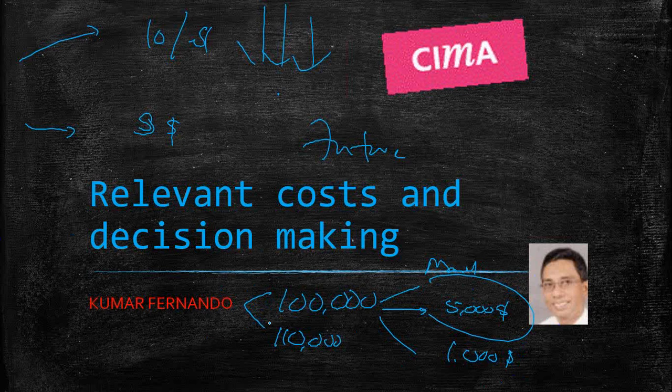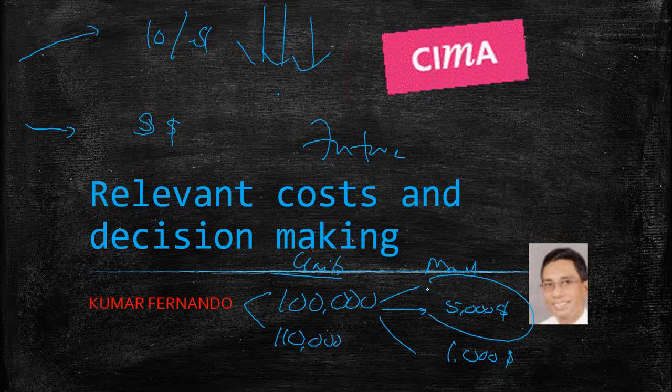10,000 sales increase. This is the number of units. But my cost, right? Originally, I was paying him a $5,000 salary. So I told Sam, if you sell up to 100,000 units, I will pay you $5,000 salary.